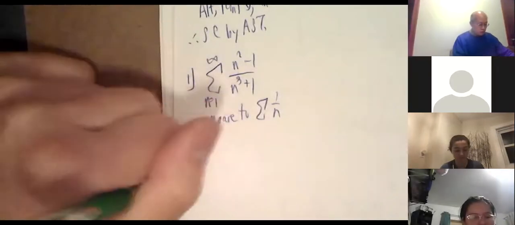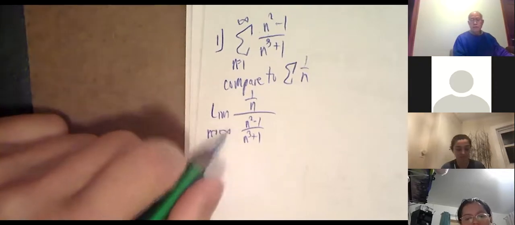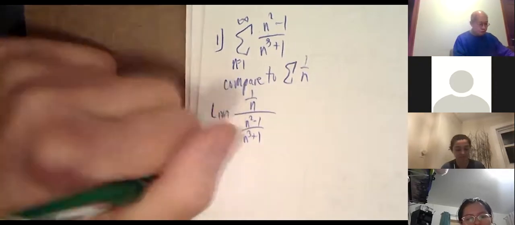Okay, so the limit as n approaches infinity of 1 over n divided by n squared minus 1 over n cubed plus 1. How about if I divide by a fraction and multiply by the reciprocal?